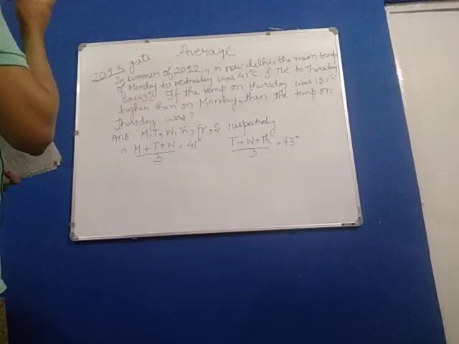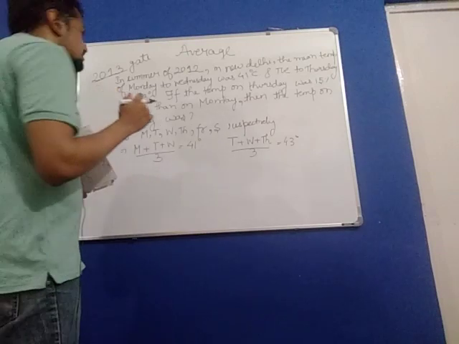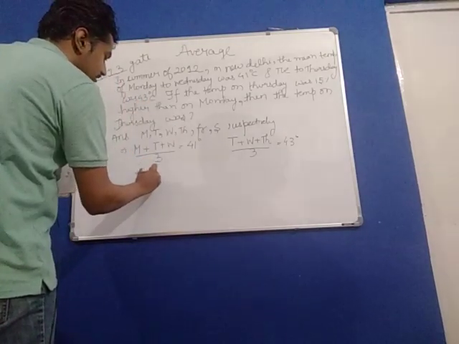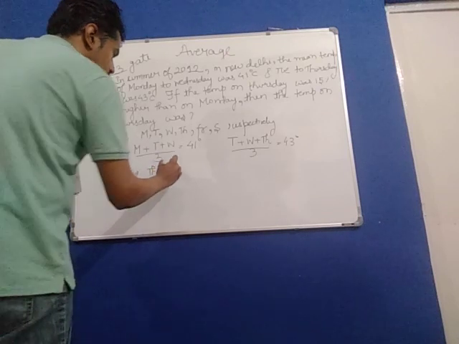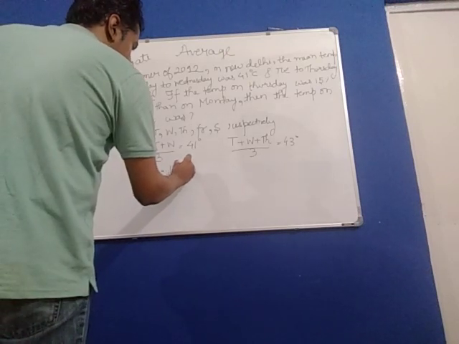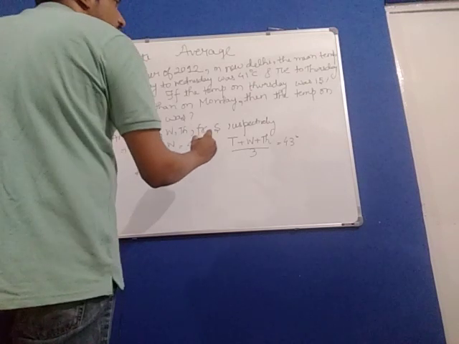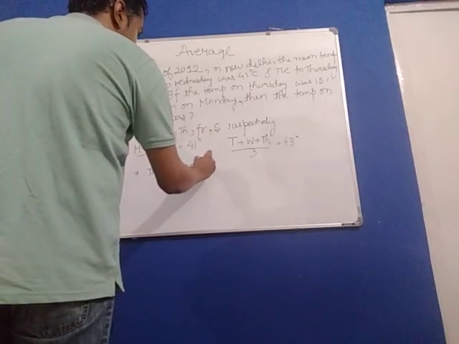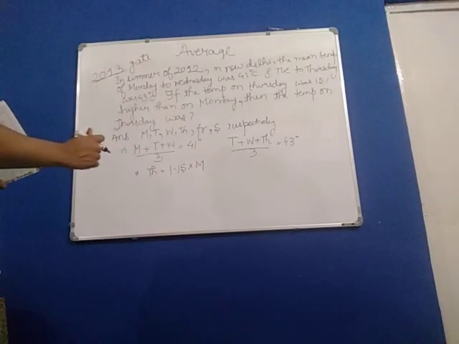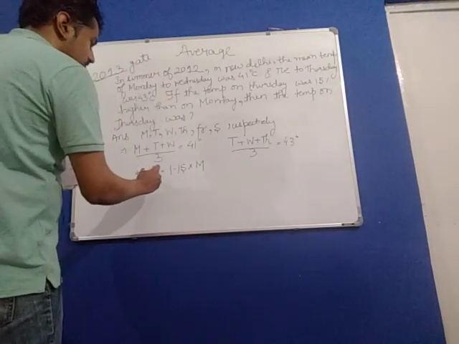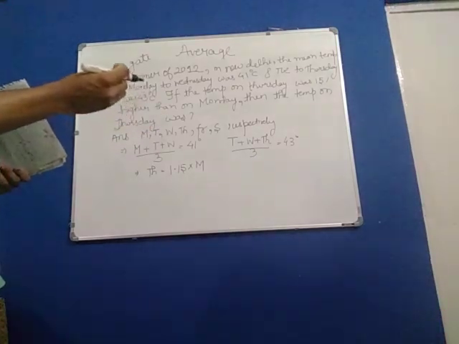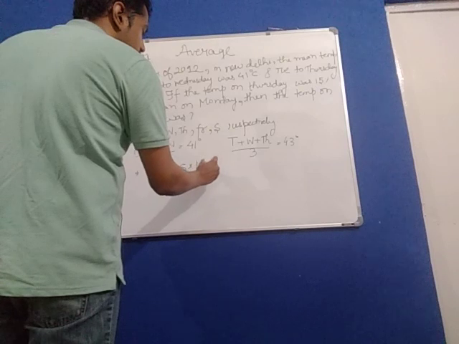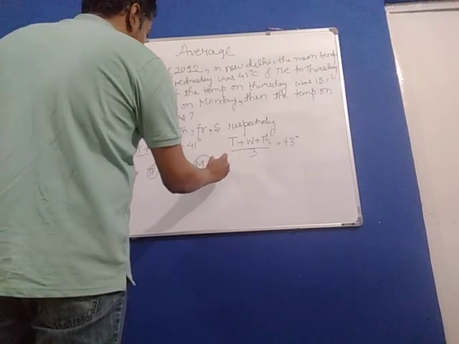It is also given that the temperature on Thursday was 15% higher than that on Monday, which would mean that TH is equal to 1.15 times the temperature on Monday. Then we have to calculate the temperature on Thursday. So we have to calculate this value of TH, which we will be able to find out if we find out M.